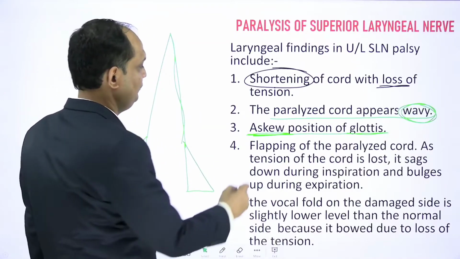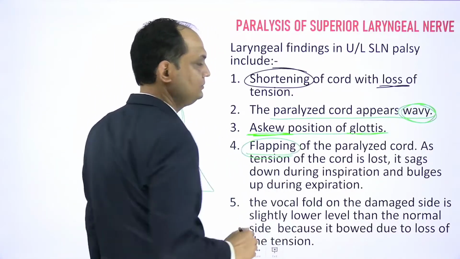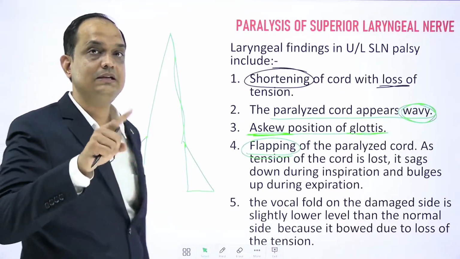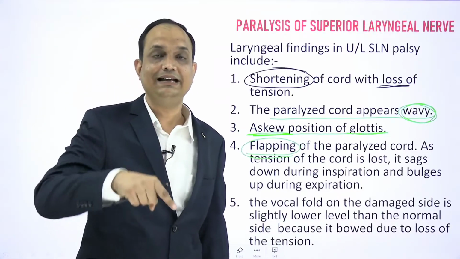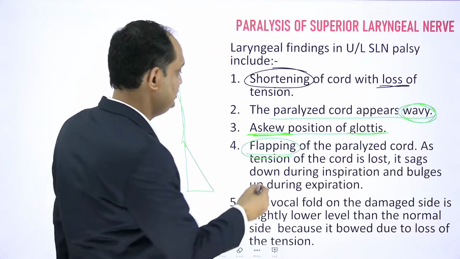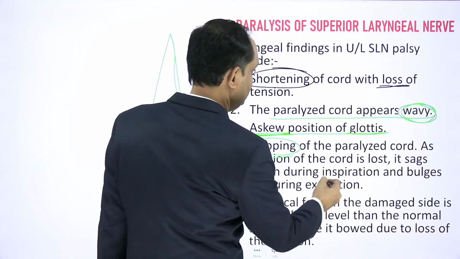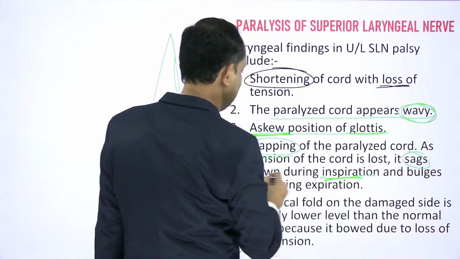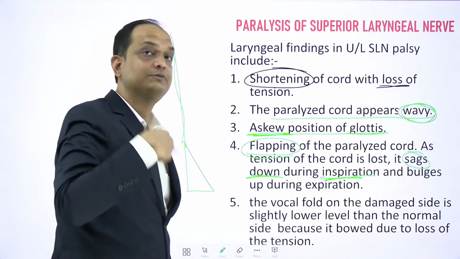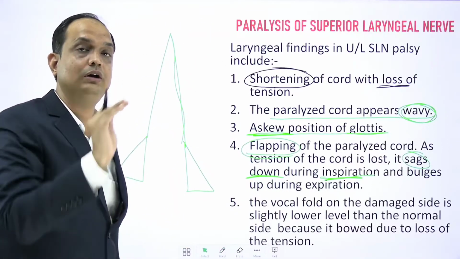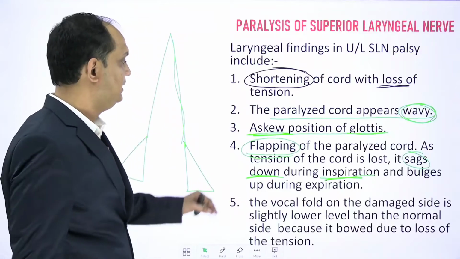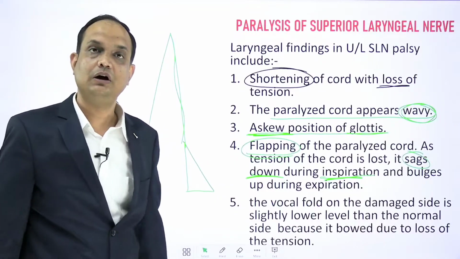Apart from that, there is flapping of the paralyzed cord. The paralyzed cord is loose, so it acts like a flap. At inspiration it sags down, but at expiration it will bulge out, so there is a bowing or flapping of this vocal cord.